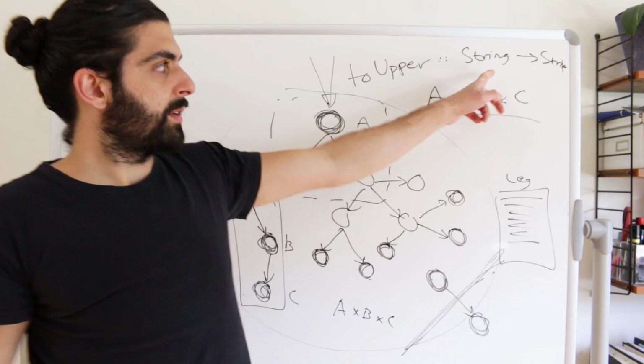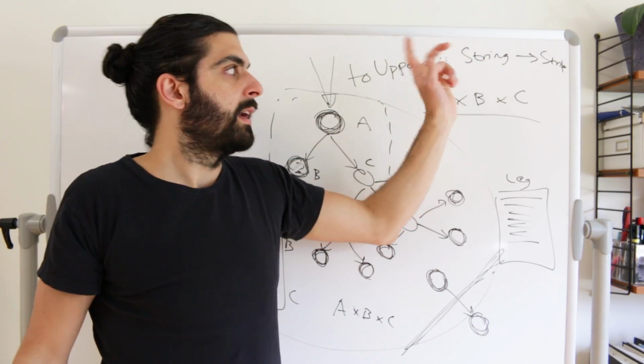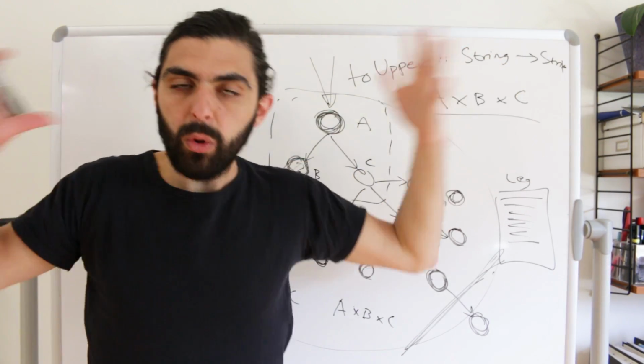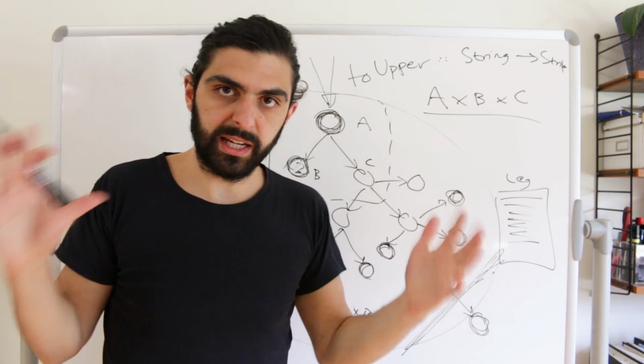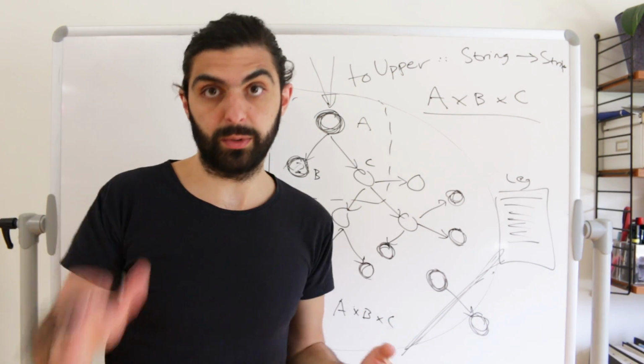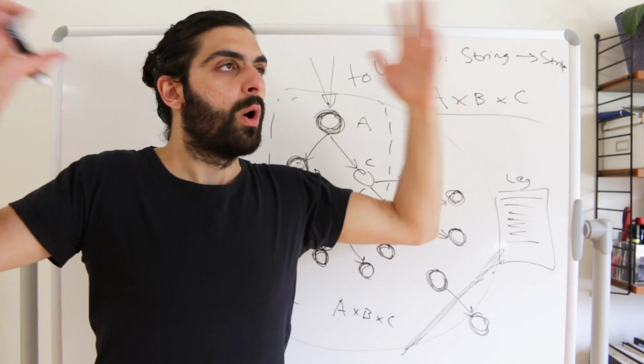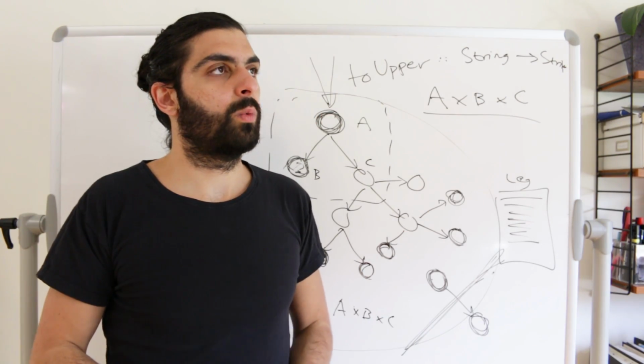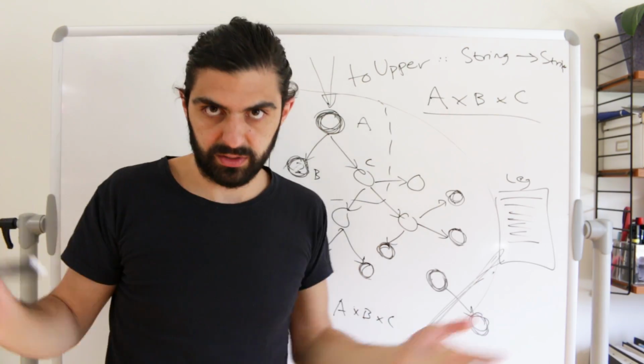But then we have to think about it. If it can get any string, then the whole domain of valid strings are valid inputs for ToUpper. Not necessarily valid, but possible inputs. And then we need to think about it: for that whole state space, what will happen under all circumstances?